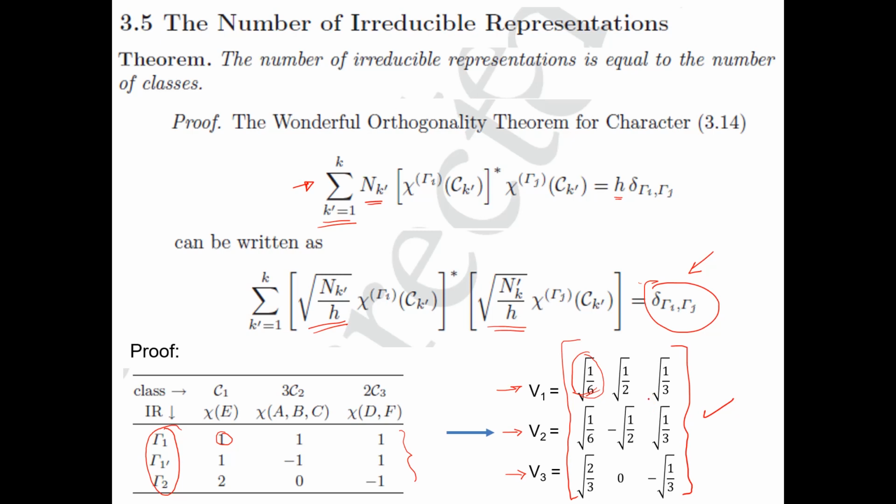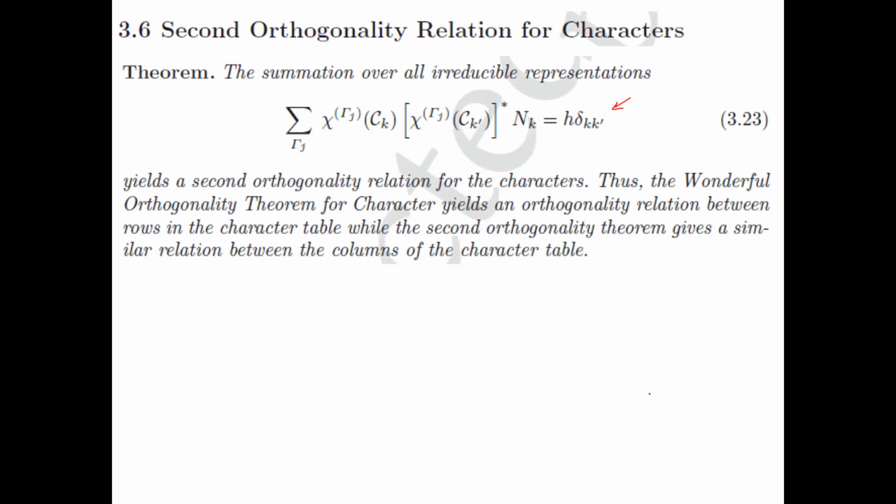And this is also very easy to see. Using this example, you can see that every column is also orthogonal to each other. This is what the second orthogonality relation for characters means.